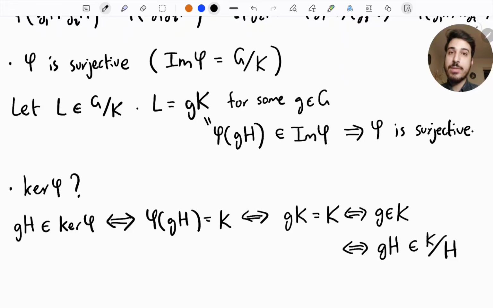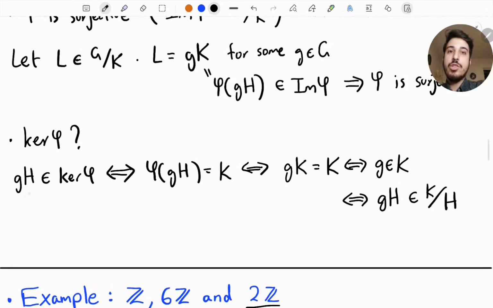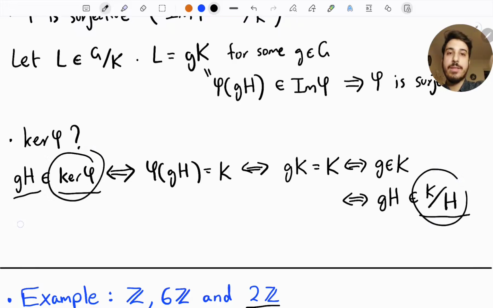So we've just successfully said that gH is in the kernel if and only if it is in K/H. That means that this set is equal to that set, meaning that ker phi is exactly equal to K/H.